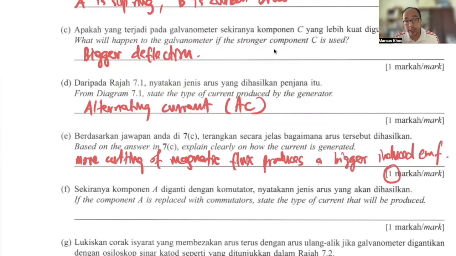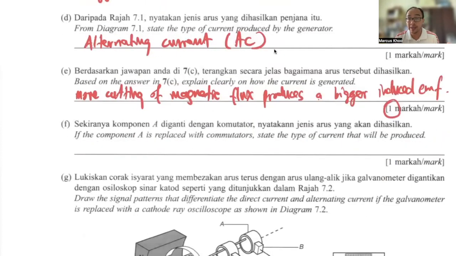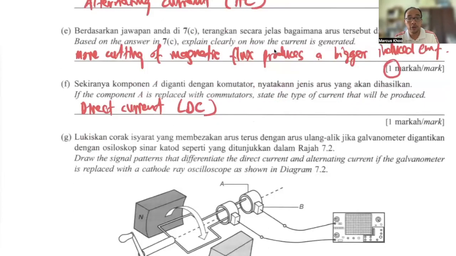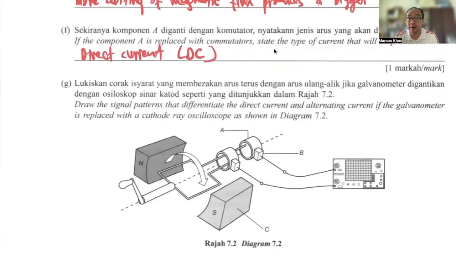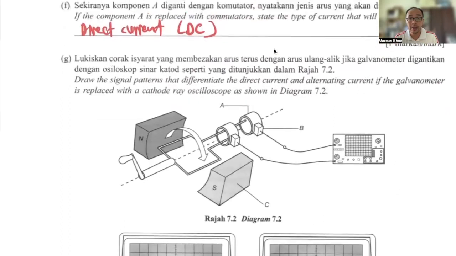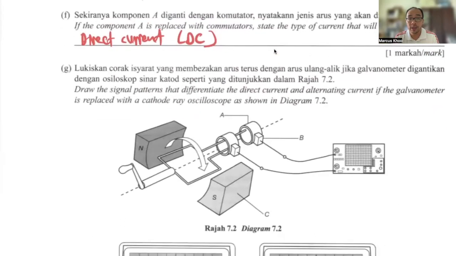Okay, if component A is replaced with commutators. When you see the word commutator, you know that the type of current will be direct current, otherwise known as DC. Now draw the signal patterns that differentiate the direct current and the alternating current, if I change the galvanometer to the oscilloscope.